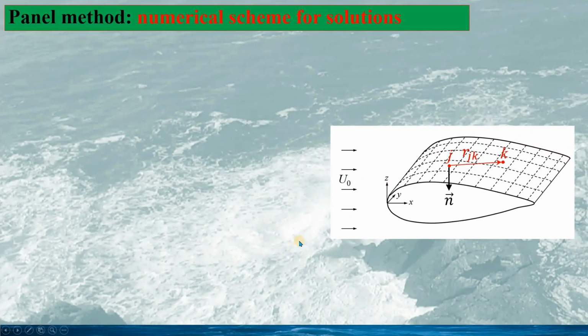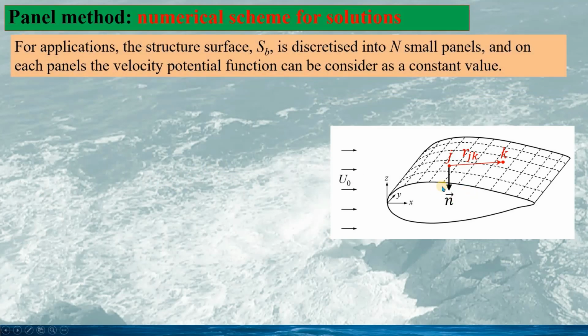Now in this slide, we will see how we can use a numerical scheme to solve the boundary integral equation. For applications, the structure surface SB would be discretized into many small panels, see these panels. And on each panel, the fluid potential function can be regarded as a constant value.